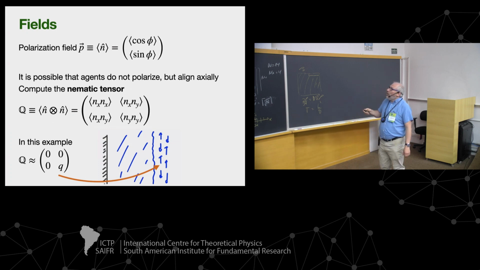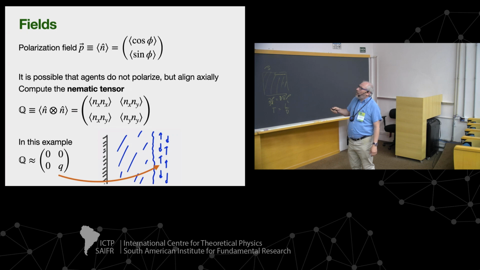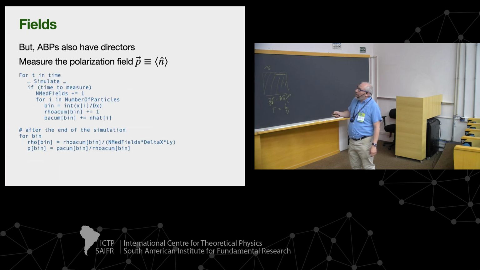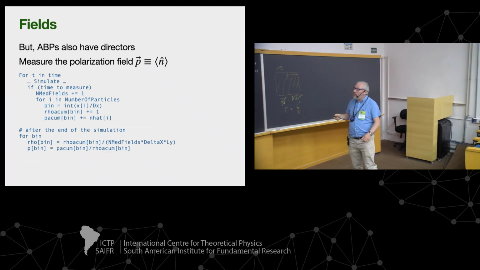Yes? So here is, okay, so you have all the particles and those averages are computed like this. You accumulate all the components. So you build and then you compute at the end the average.